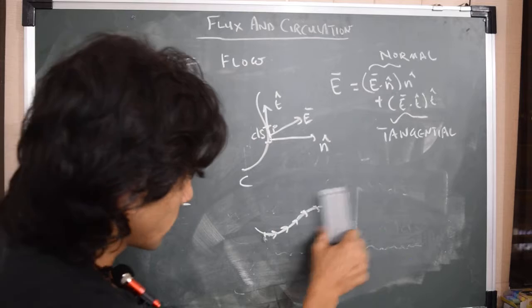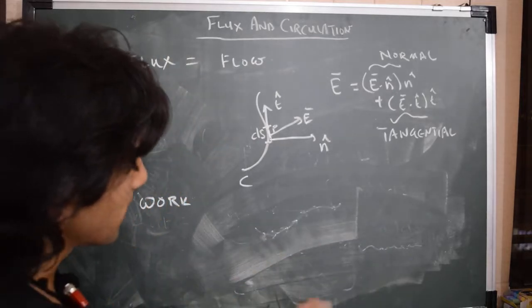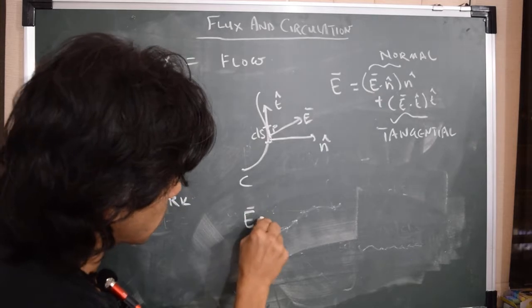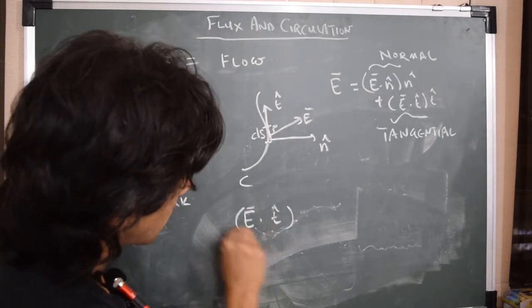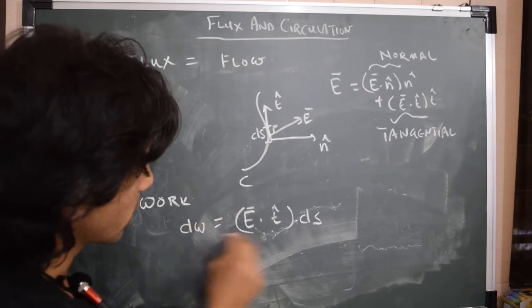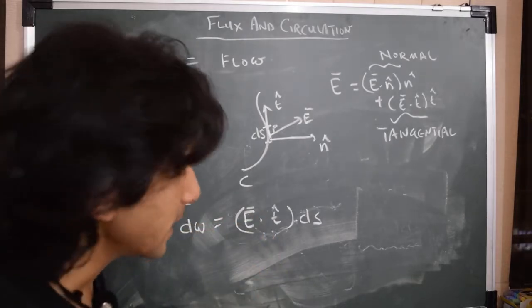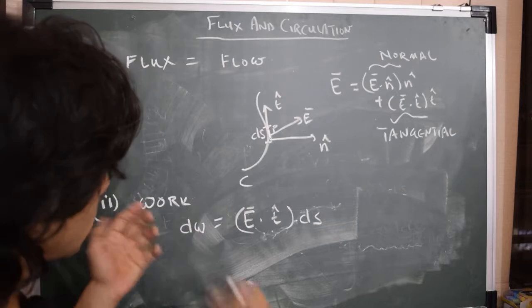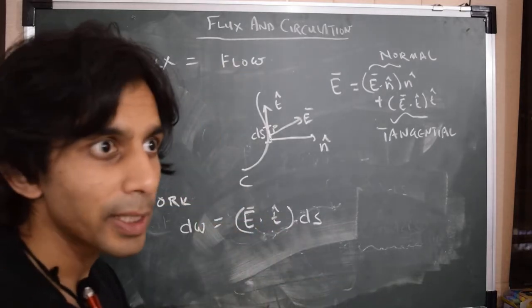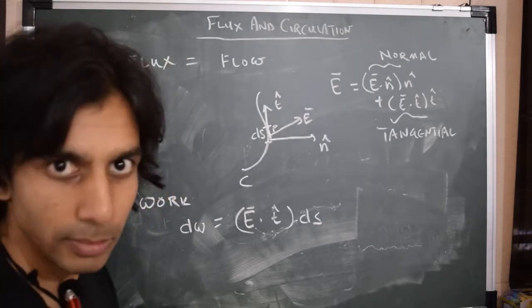So essentially, work done for a vector field is given by the tangential component multiplied by the infinitesimal line segment, and this gives us the infinitesimal work done by the field E. The terminology of work and flow might suggest that they are applicable to only one kind of field, but that's not the case.